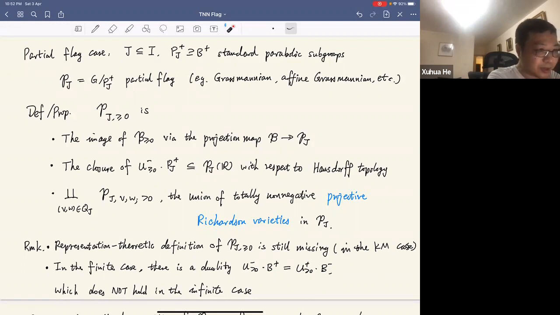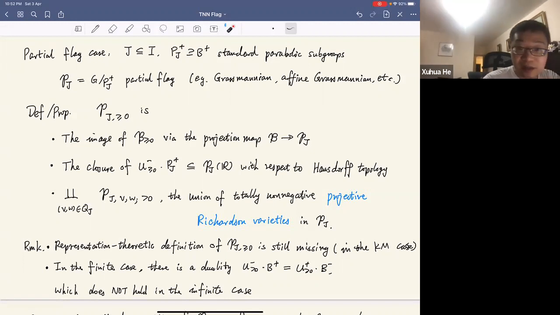They both lie in the flag variety. If we want to define the totally non-negative part, in fact we can define the totally positive part of the flag, which is the U minus strictly positive, axiom B plus, and this is the same as the strictly positive part of the U plus axiom B minus.